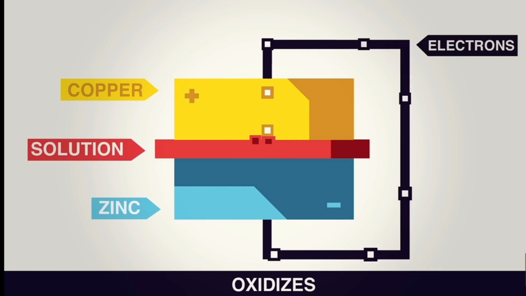will lose two electrons, as it has two extra electrons in its outermost shell. After losing two electrons, zinc will get converted into a cation, which is a positive ion, Zn2+. This Zn2+ will get dissolved in our ionic solution, which in this case is salt solution, and those two electrons will travel through our conductive wire towards the copper block.